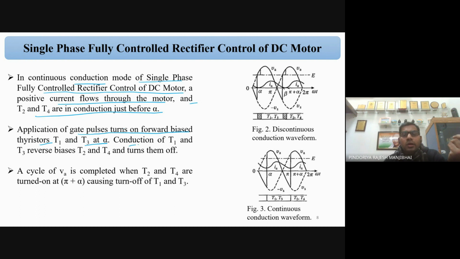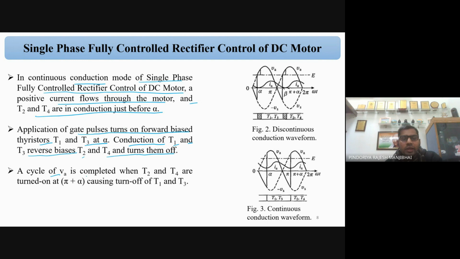So T1 and T3 conduct, while T2 and T4 are reverse biased and turned off. Whatever thyristors are forward biased are in the conduction mode, and the remaining thyristors are off.